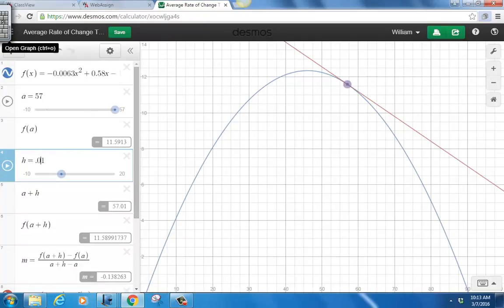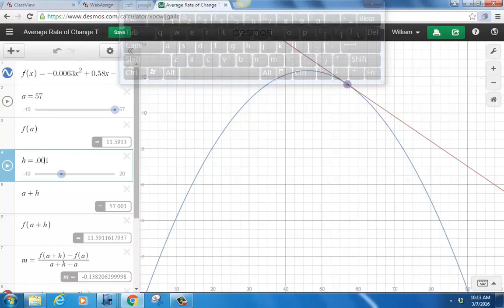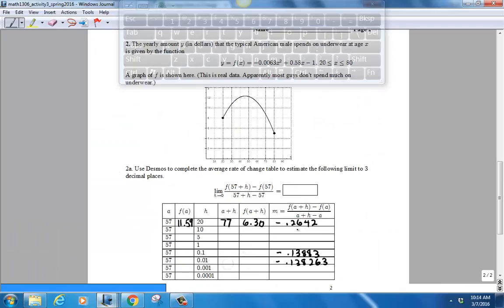Now let's give it an even smaller increment, and again you'll see the slope of that secant line changes a little bit, but not too much. Now it's minus 0.138206299, etc. So already to 4 decimal places, minus 0.1382, the slope of that secant line has stabilized.